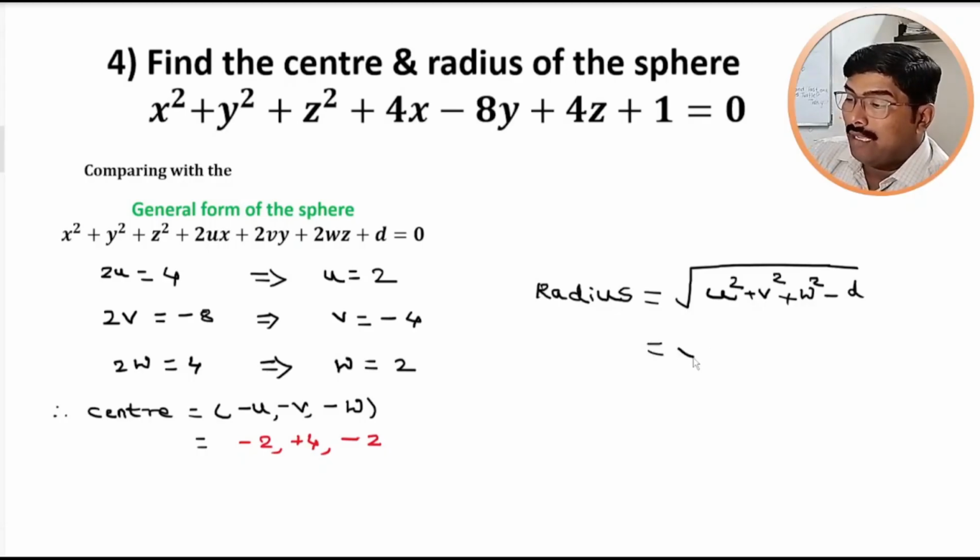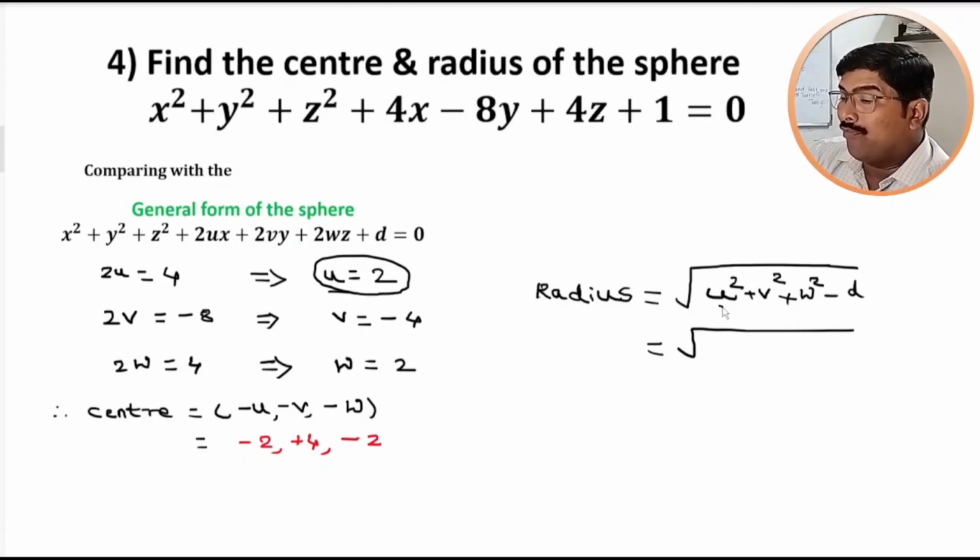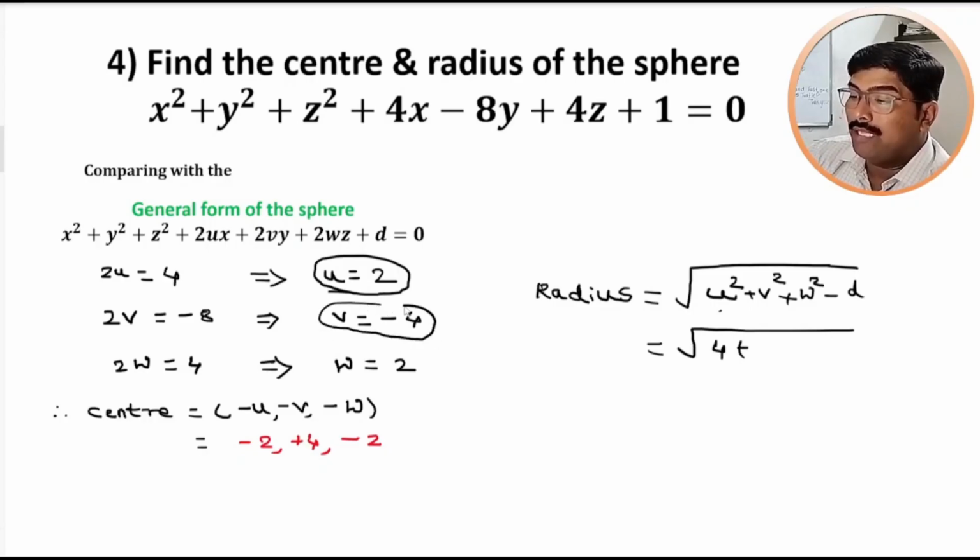So by the given equation, we have obtained the value of u is equal to 2. If you substitute the value u is equal to 2 here, you will get 2 square, 2 square is equal to 4. Similarly, we have to substitute the value for v. The value of v is equal to minus 4, and if you substitute, minus 4 square is 16, and plus you have to substitute the value for w.